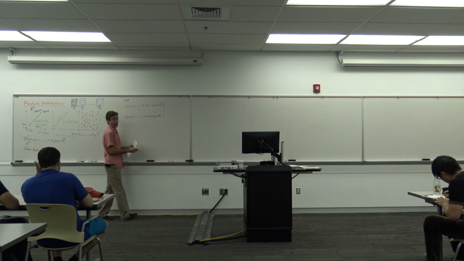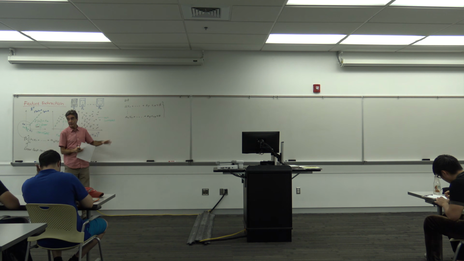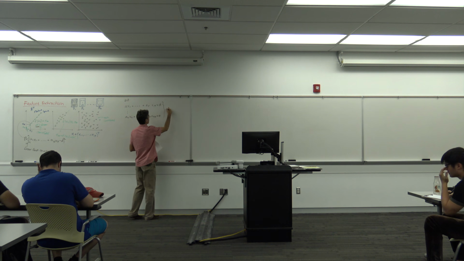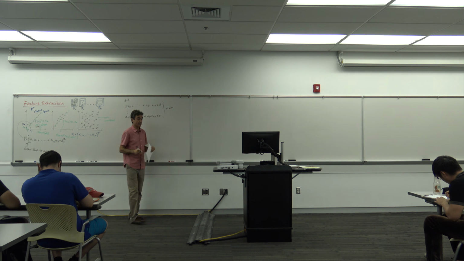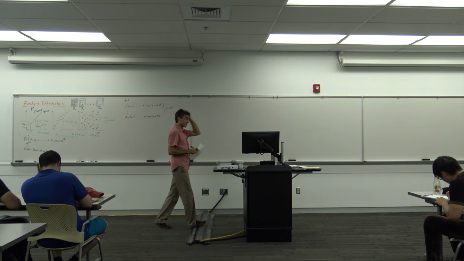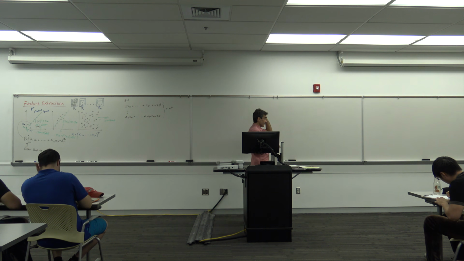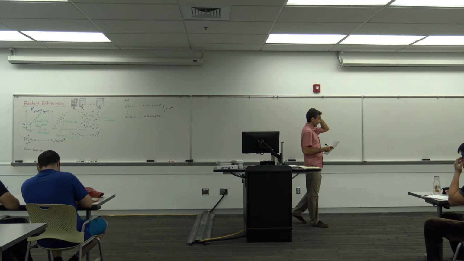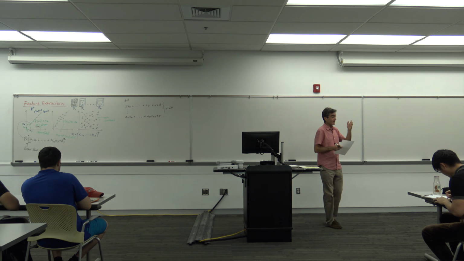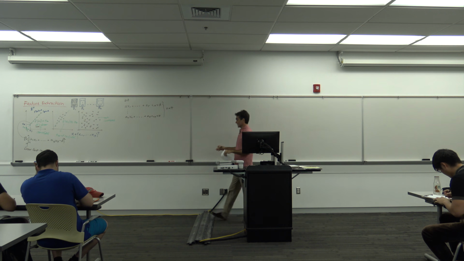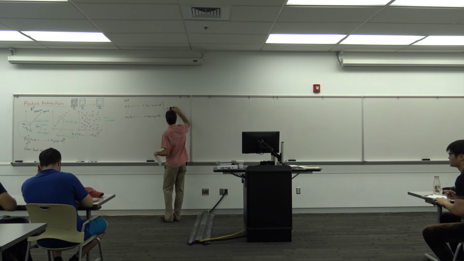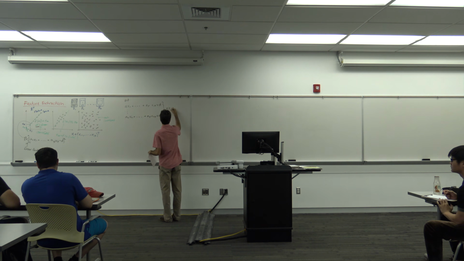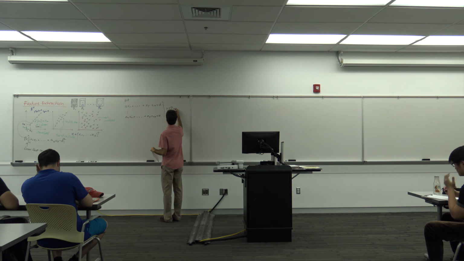This is our system of equations. Now, of course, if n is equal to p, and all these equations are linearly independent, then there is a unique solution. But if n is larger than p, and the equations are linearly independent, then there is no solution.